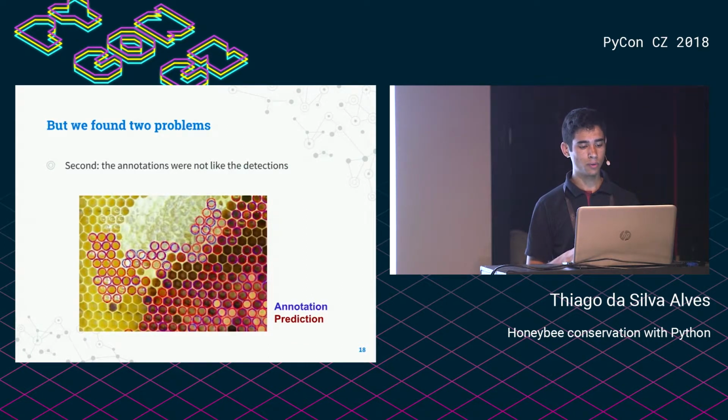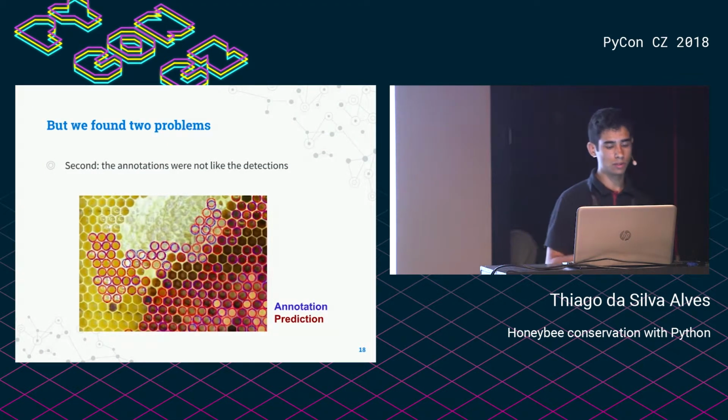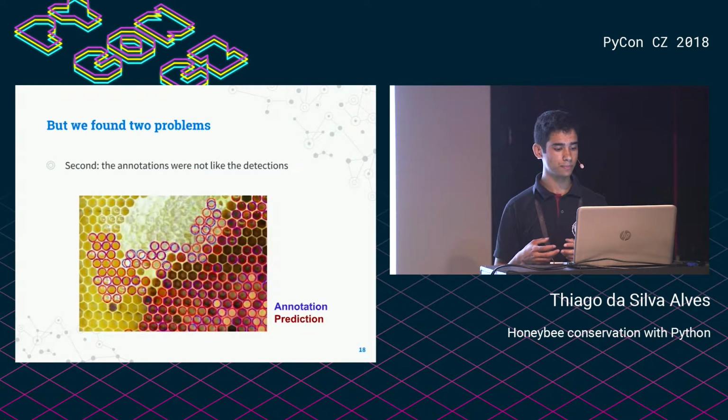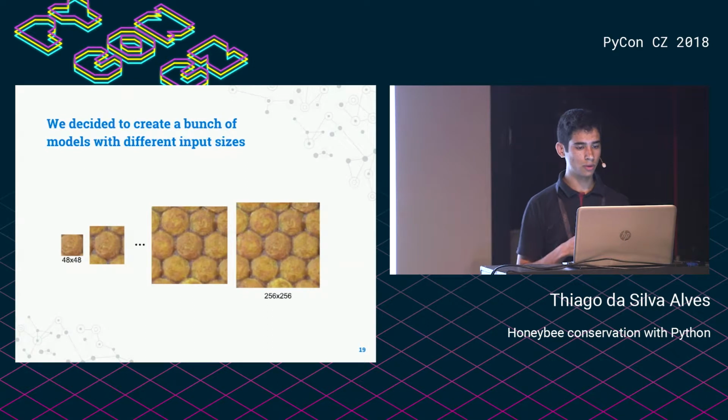So to solve these two problems, we thought, let's try a lot of different models, with a lot of different input sizes, and in some models we train using the detections made by our detector, and in other models we try with the annotations made by the beekeeper. So that's what we did.